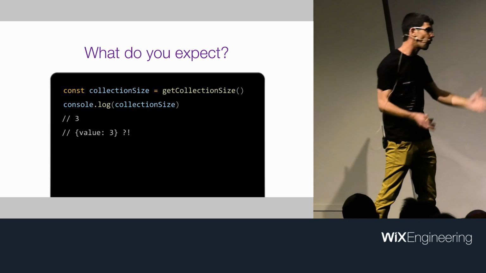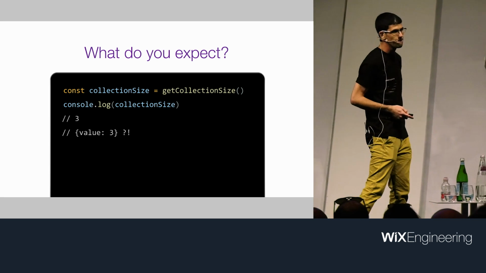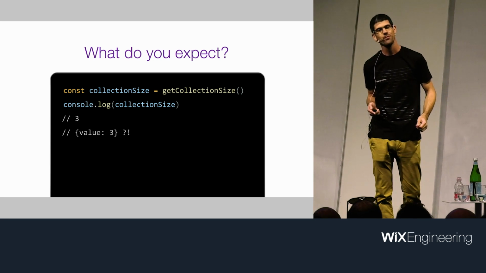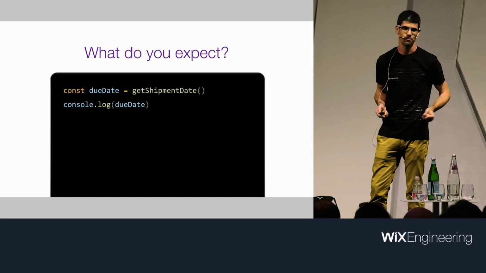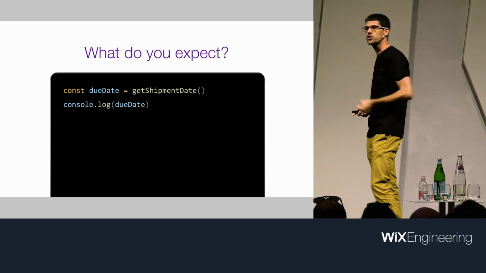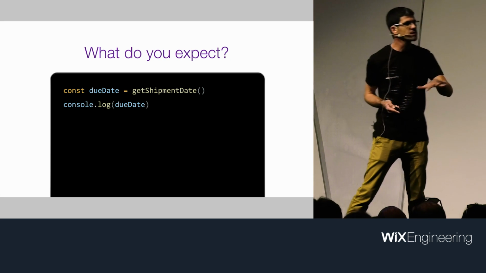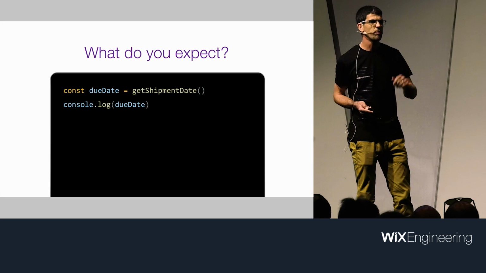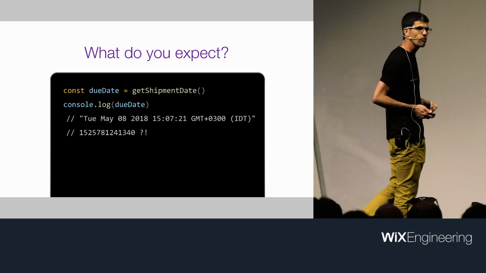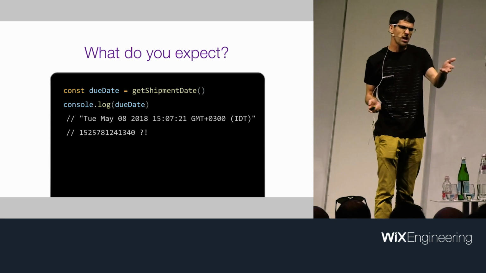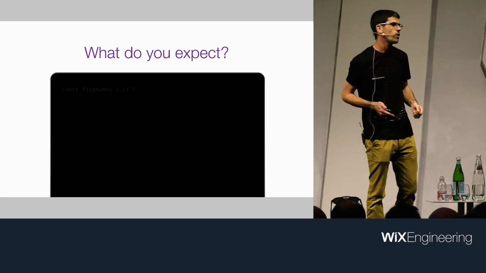Of course not. But maybe you've seen a function like this, where we call getShipmentDate. And I'd expect to see a nicely formatted date string. But many times, I might encounter a Unix timestamp, and I'll say, oh yeah, that somehow makes sense.